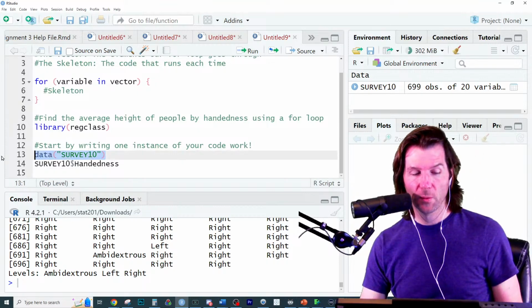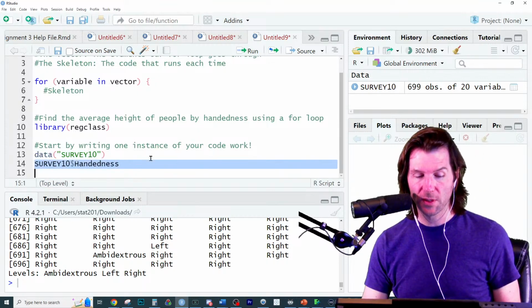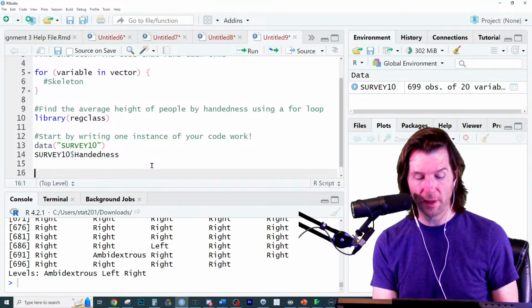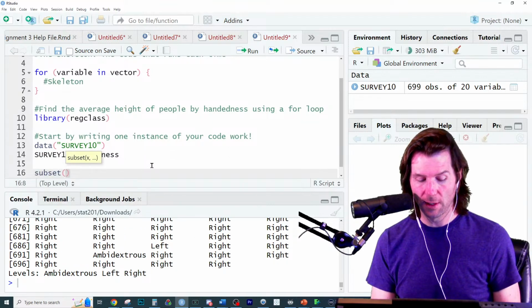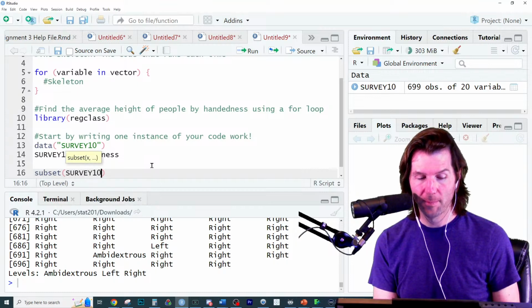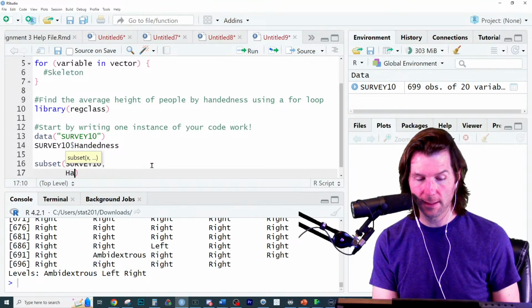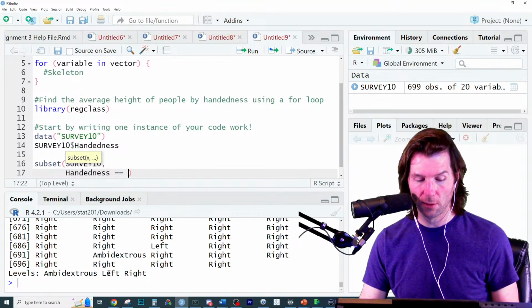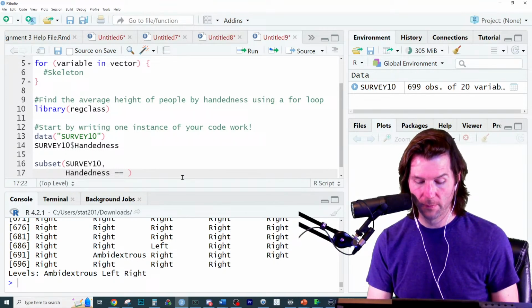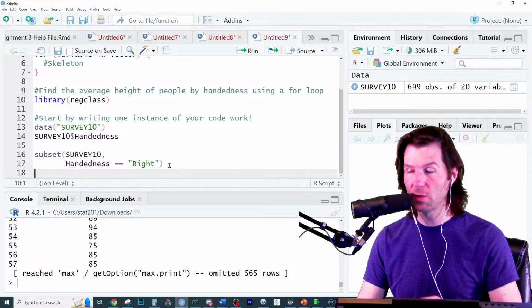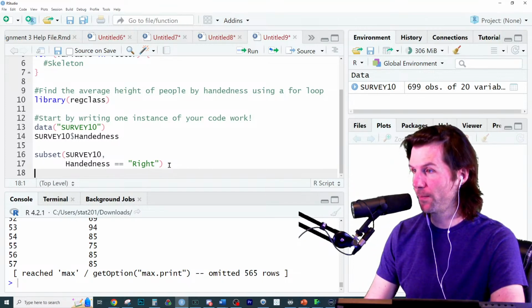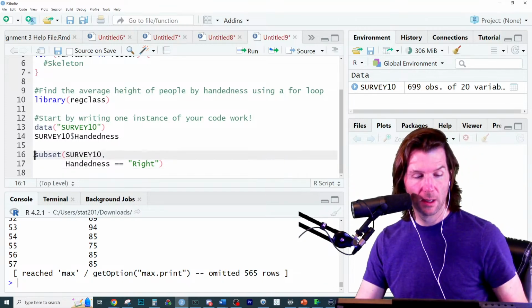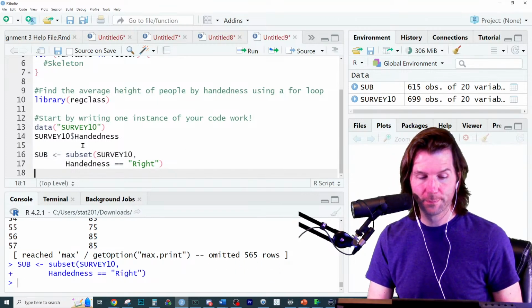So now we're going to say, okay, I want to make a subset of survey 10 where handedness is equal to right-handed. So these are only right-handed people, right? Let's call this sub then.